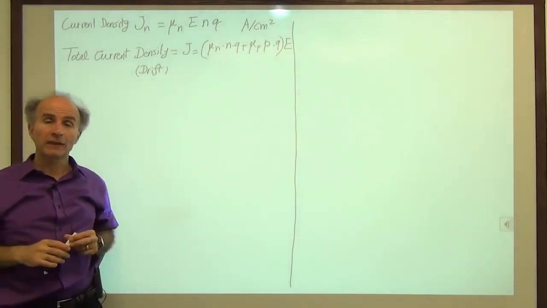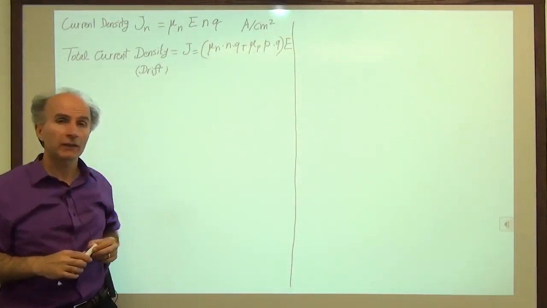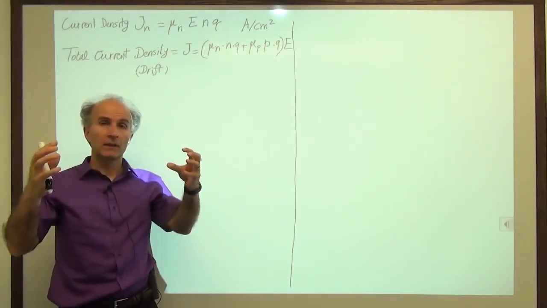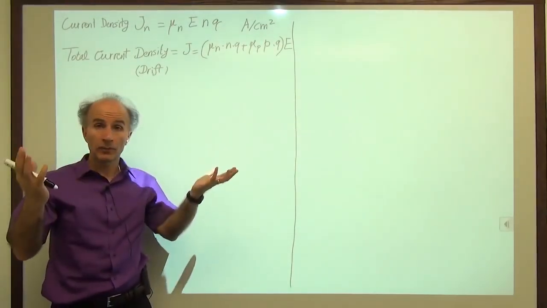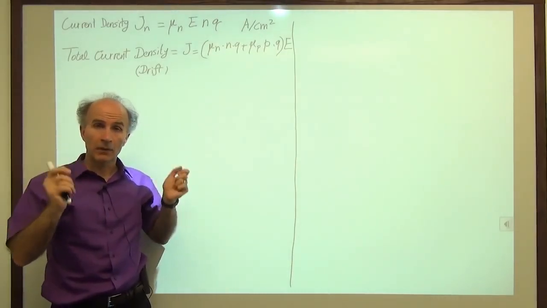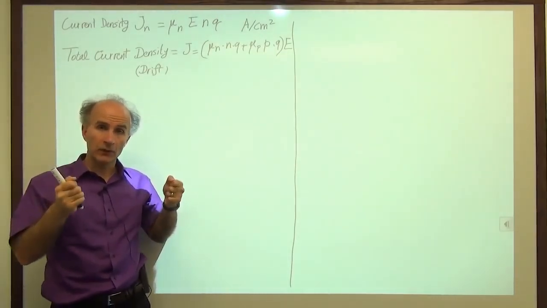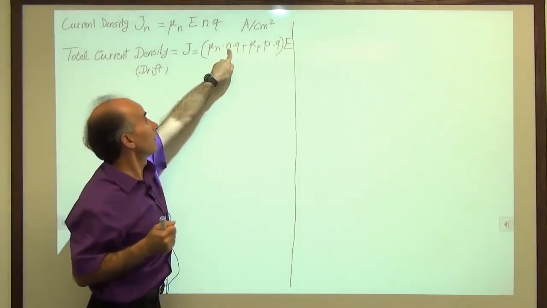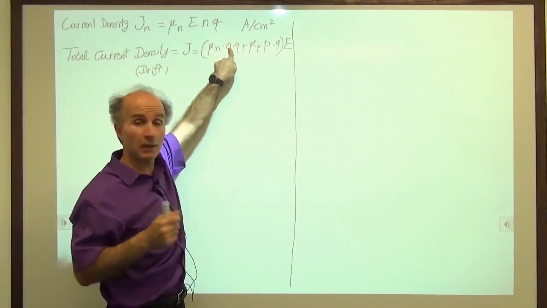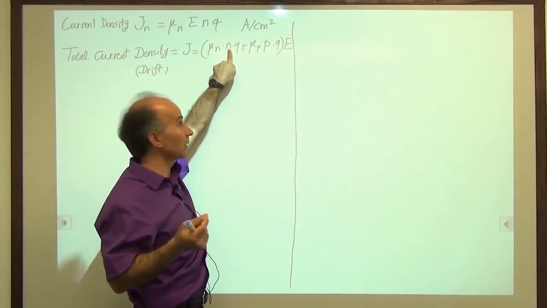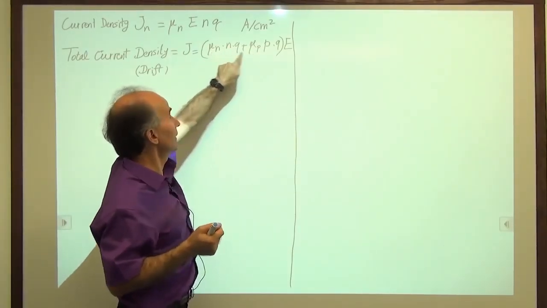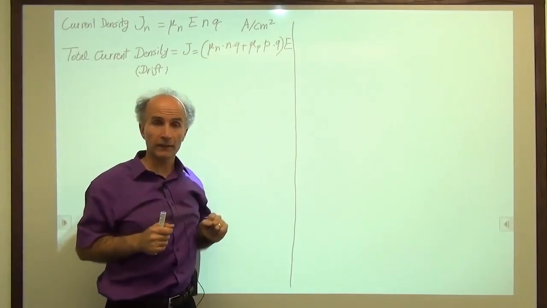Okay, so that tells us how to calculate the drift current. If I have a certain piece of silicon with some doping or not doping, no doping, doesn't matter. I apply a voltage. In response to that voltage, I have a certain electric field. If I know the amount of doping or the number of free electrons per cubic centimeter, the number of holes per cubic centimeter, and I know these values, then I can do that.